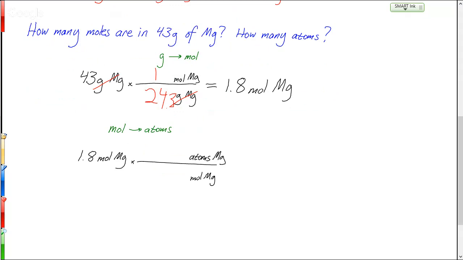And for that, we use that definition of moles. So how many of anything are in a mole? It's Avogadro's number, 6.02 times 10 to the 23rd. And it's always that number. It doesn't matter if it's magnesium, atoms or molecules or donuts or M&Ms or whatever. That's how many of anything are in 1 mole.